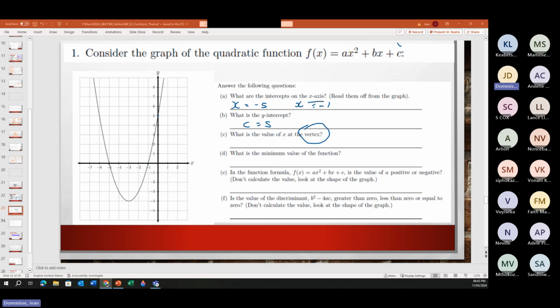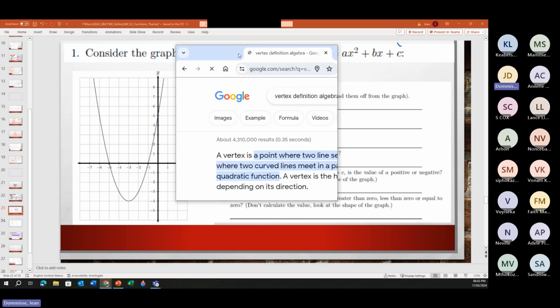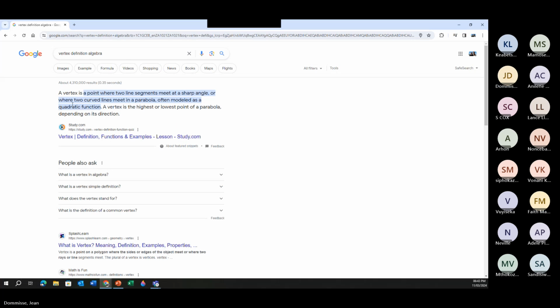So let's look at what is vertex. Vertex is a point where two line segments meet at a sharp angle, or where two curved lines meet in a parabola.